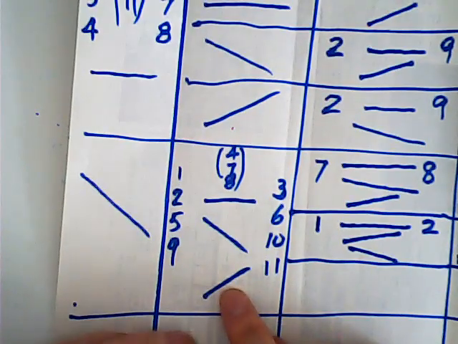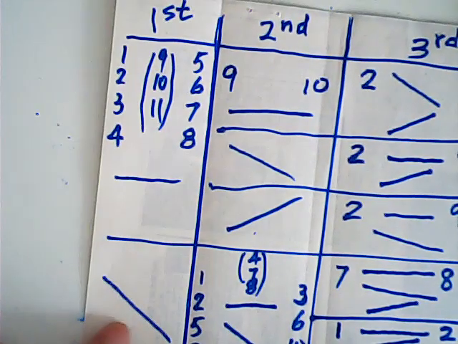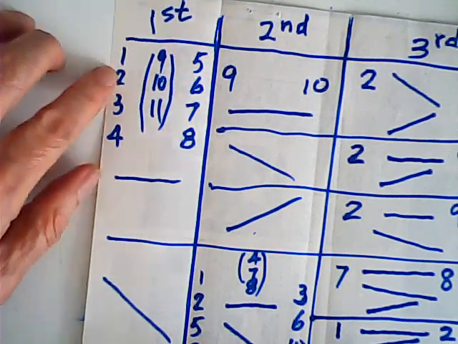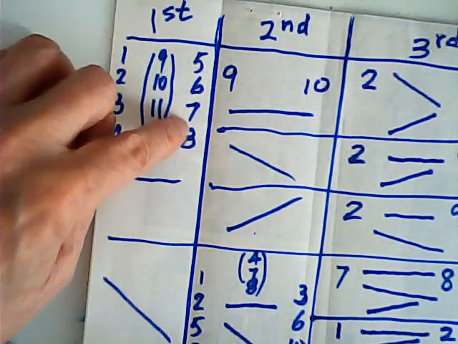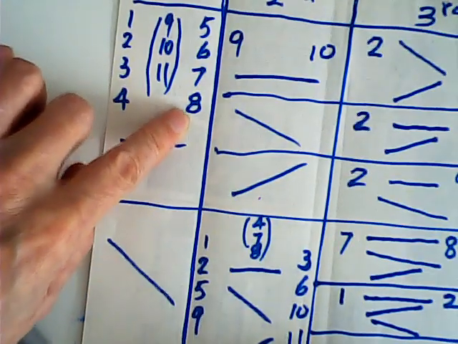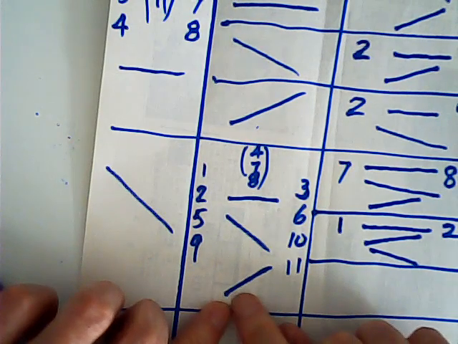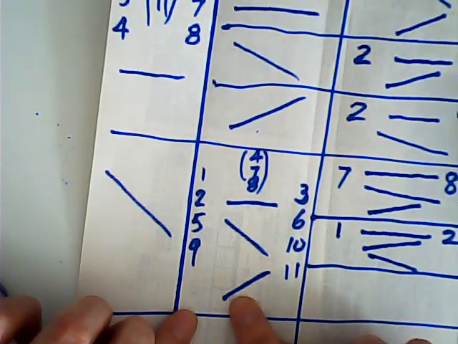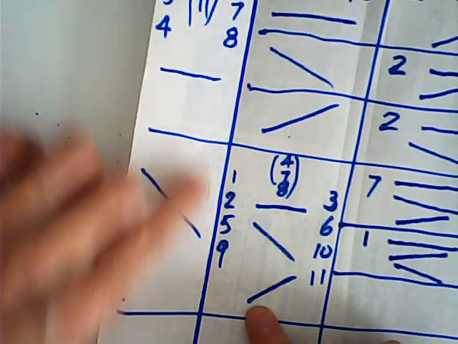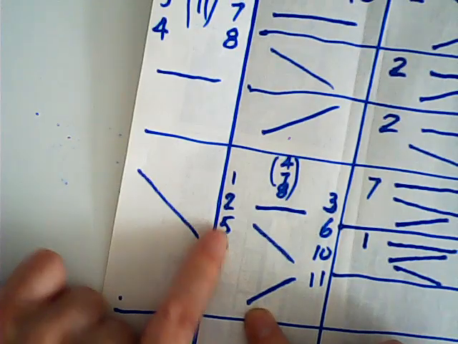Now, if the second balance shows this way, from the first balance we get the information that 1, 2, 3, 4 could be lighter, and 5, 6, 7, 8 could be heavier. And from the second balance, I know that 1, 2 cannot be lighter because 1, 2 must be heavier.